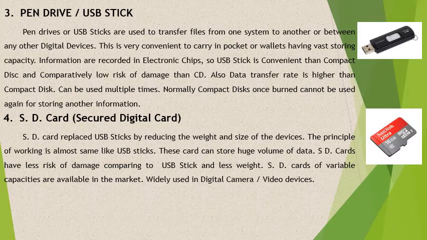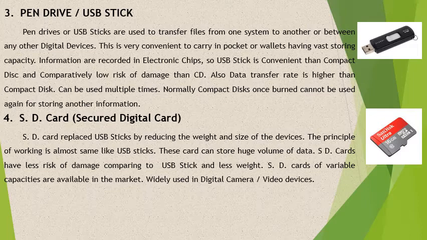Pen drive or USB stick. Pen drives or USB sticks are used to transfer files from one system to another or between any other digital devices. This is very convenient to carry in pockets or wallets, having vast storing capacity. Information is stored in electronic chips.